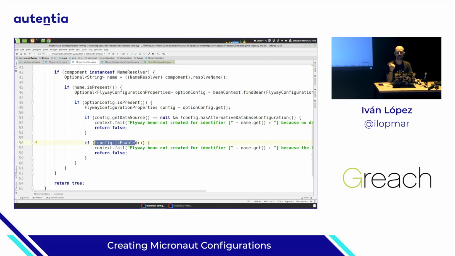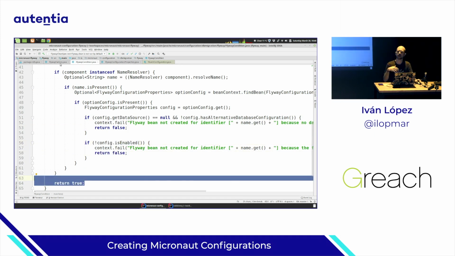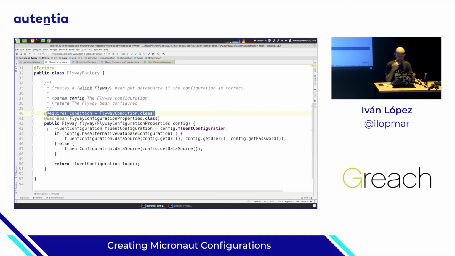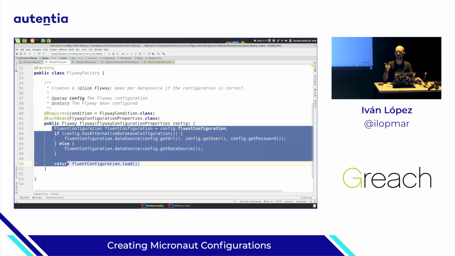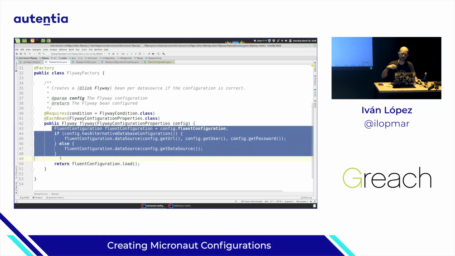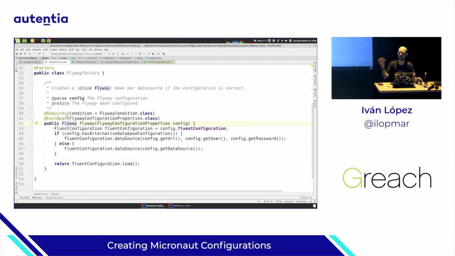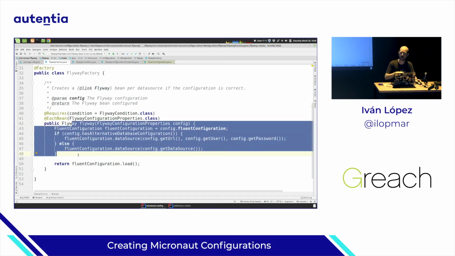And if the configuration is disabled, I will return false, and this won't be processed. And in any other case, I want to make sure that I create a bean. Because the other option, you can probably think of putting some logic here and returning null if you don't want to create a bean. But that's not possible. If you return a null here, it will fail. So when this code is executed, you need to actually return this Flyway object. That's why we need that condition to avoid executing this code if we don't want to actually create the bean.